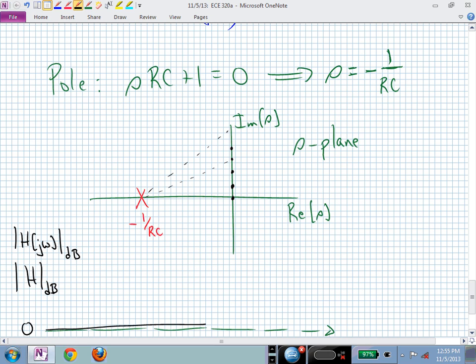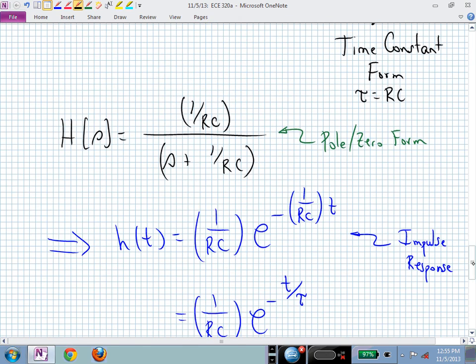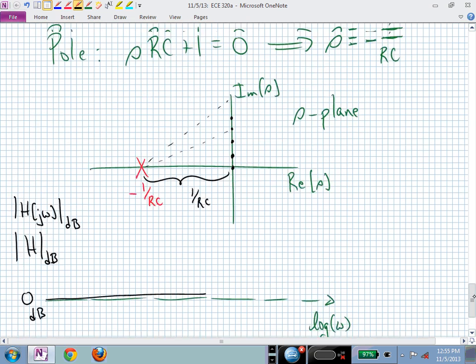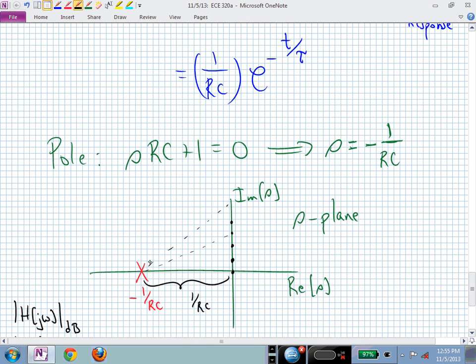That's the contribution of that pole factor, the length of that line. At DC, what's this distance right here? That's 1 over RC, isn't it? And we divide that length into 1 over RC. That gives us an absolute magnitude of 1. We take 20 log of that and we get 0. So our dB is 0 dB at low frequencies.